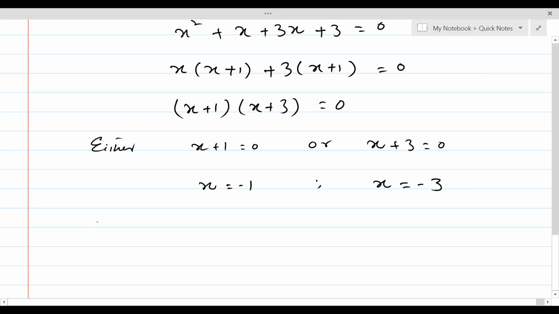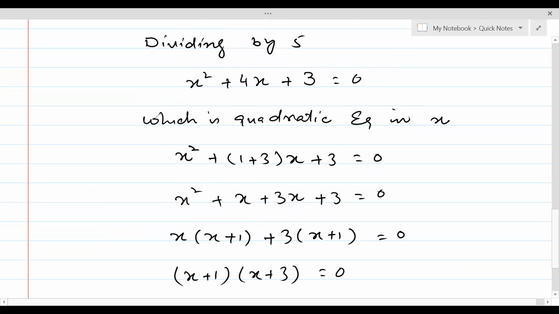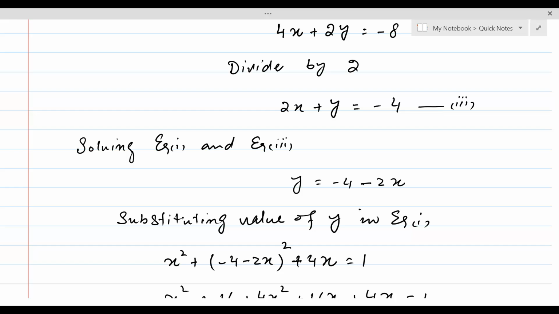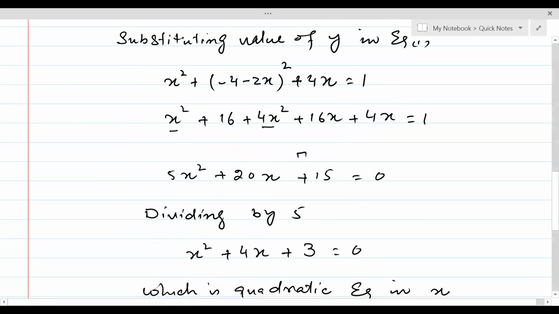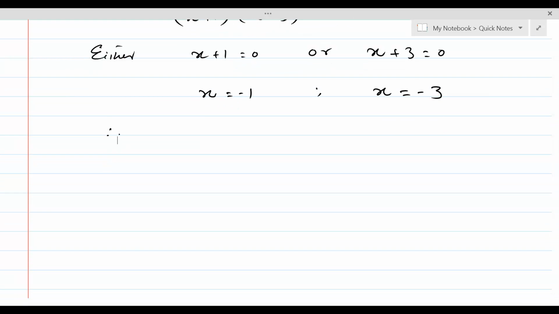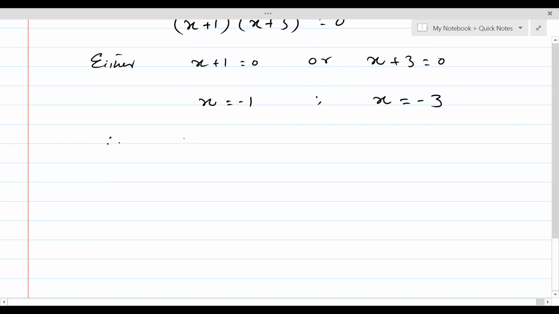Remember, what was equation number 3? The equation of that straight line which we got from equation 1 and 2. That was y equal to minus 4 minus 2x. So when x is equal to minus 1, then y is minus 4 minus 2 times minus 1.